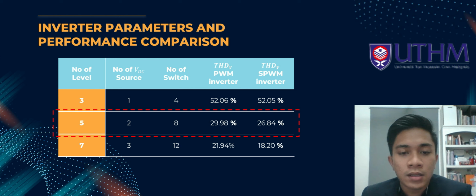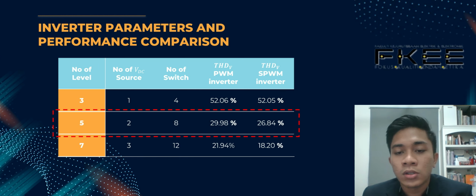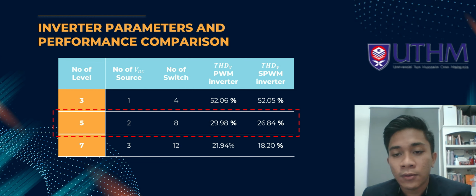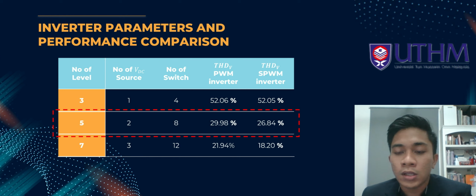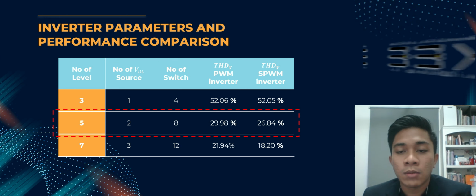Lastly, at the 7 level multi-level inverter, the number of DC voltage sources increases to 3, and the number of switches also increases to 12. The THD of the inverter decreases from 29.98 to 29.94 for the PWM inverter, and from 26.84 to 18.2% THD voltage for the SPWM inverter.